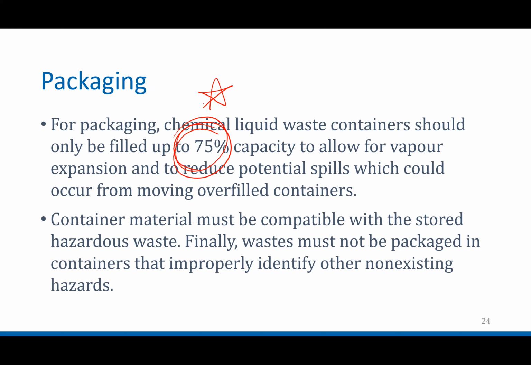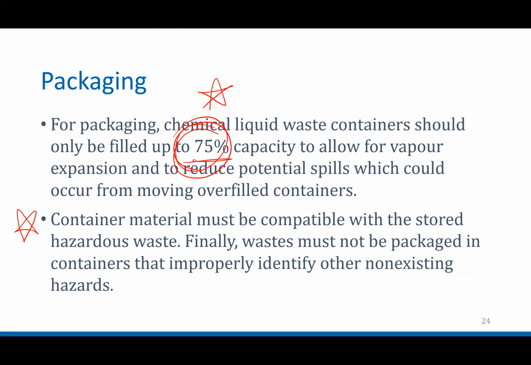The other thing about packaging is, okay, you only fill it about 75% full, you leave it room. The other thing, and this is a big thing as well, is that the material of the container has to be compatible with the waste. Some acids react with different substances. Some materials might oxidize or react with other substances.